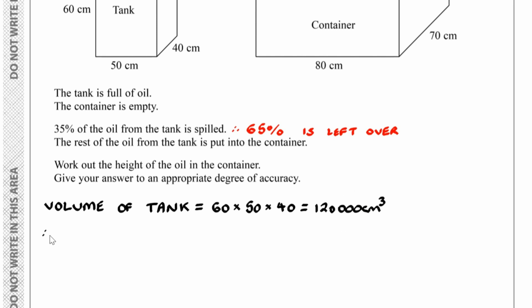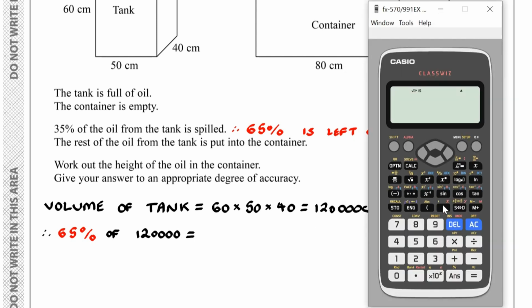So what we need to do is work out 65% of the 120,000. So I've got 0.65 times 120,000, and it turns out we get 78,000 centimeters cubed of oil left over.